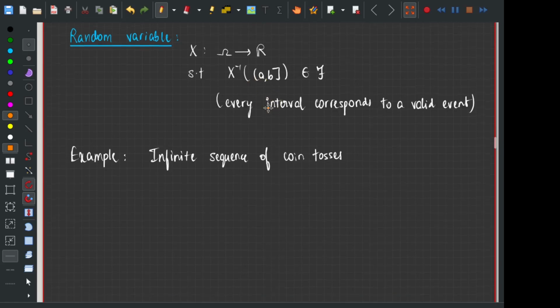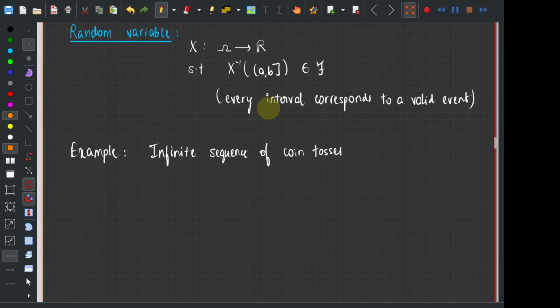And one way to look at this is to take this particular example of an infinite sequence of coin tosses. Suppose I have a coin, I toss it infinitely many times. Assume that it's a fair coin. Actually, the bias doesn't really matter. Can you construct a random variable for this infinite sequence of coin tosses?